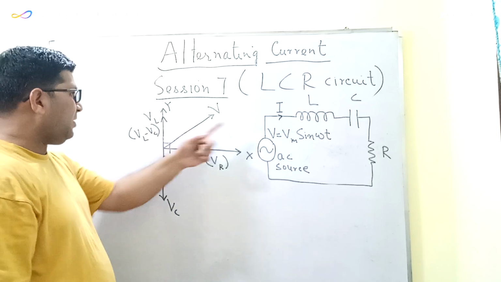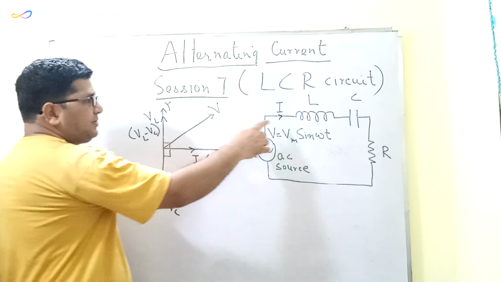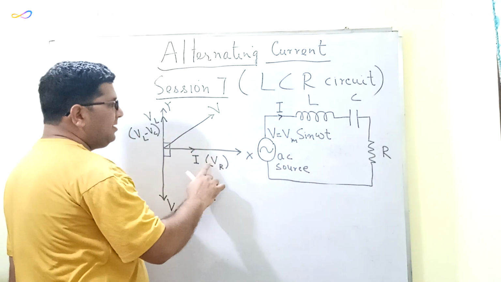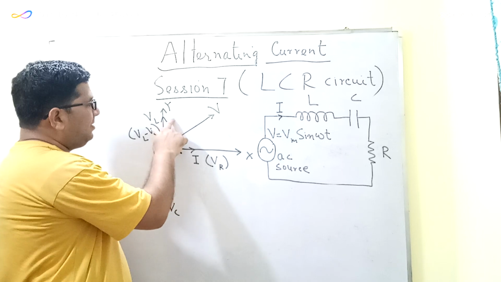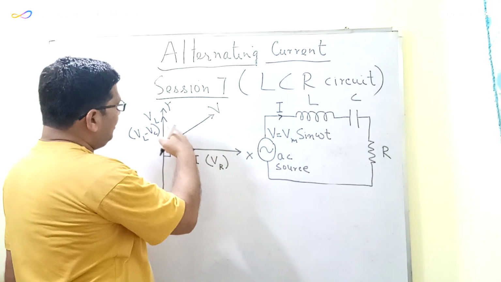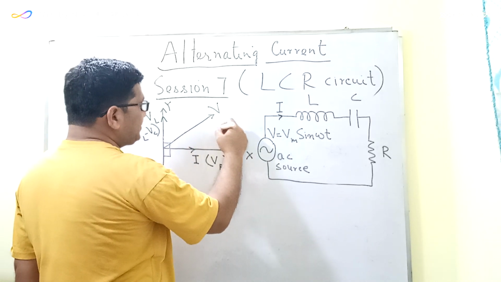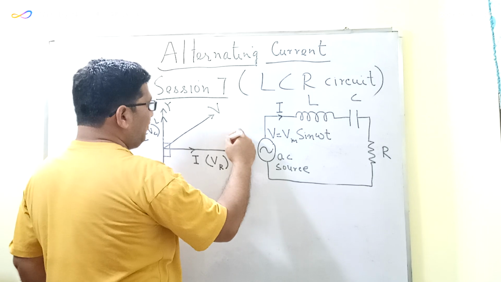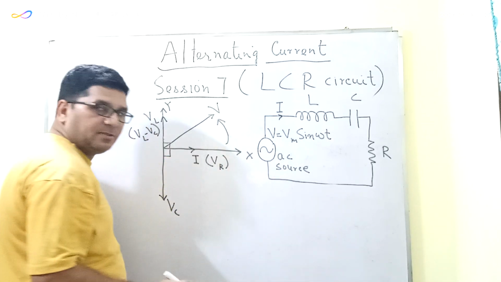In the case of an inductor, the potential difference across the inductor leads the current by pi by 2, so it will be directed along the positive y-axis. The reason behind this is that the direction of rotation of the phasor is taken anti-clockwise.